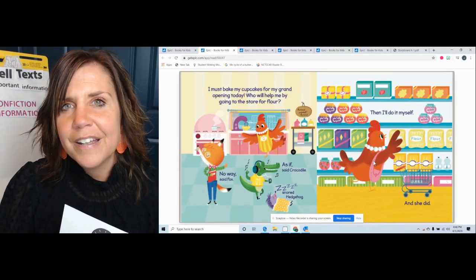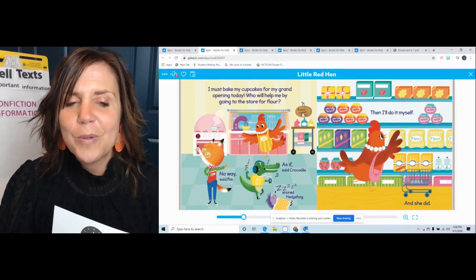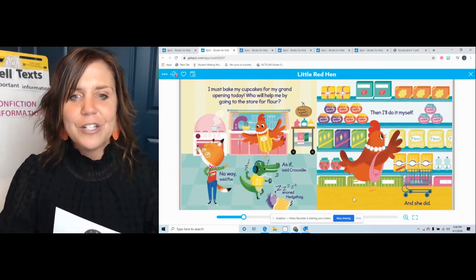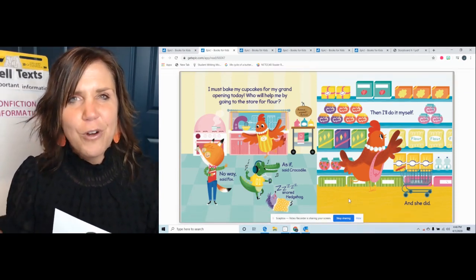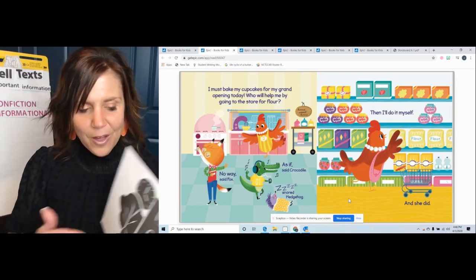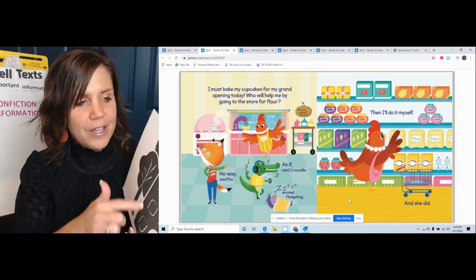What were you thinking? Starts out at Little Red's house, doesn't it? She says home sweet home in the picture. Yeah. And at the end of the story, she's kind of at her food truck, right? At her cupcake truck. Yeah. So that's the where, Little Red's house and her cupcake truck.